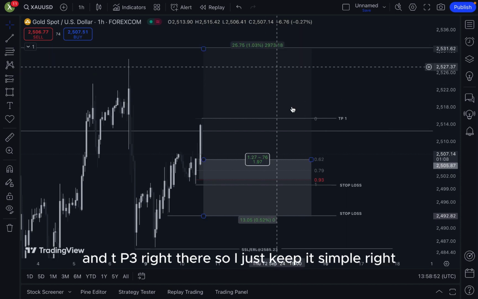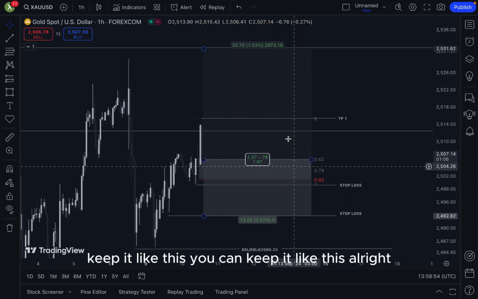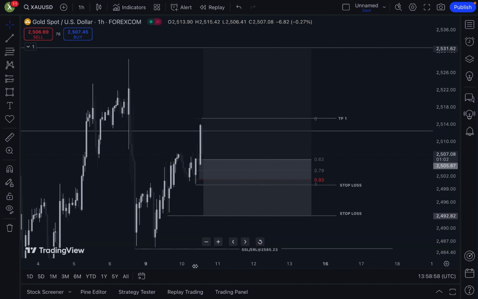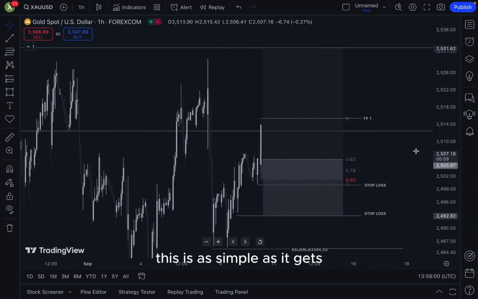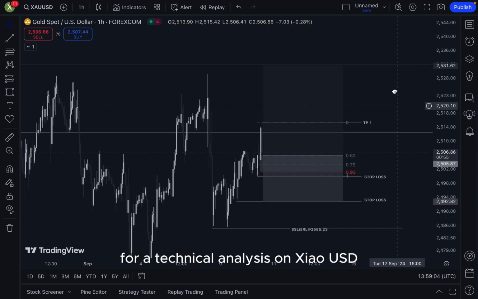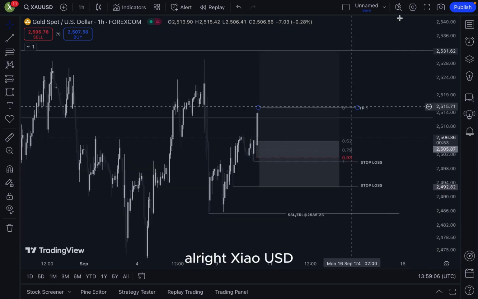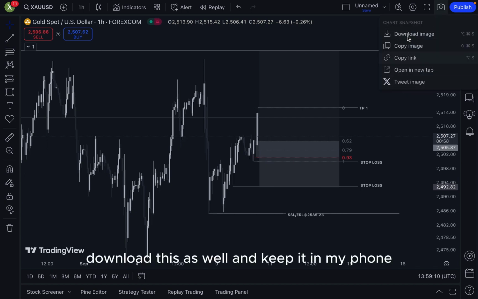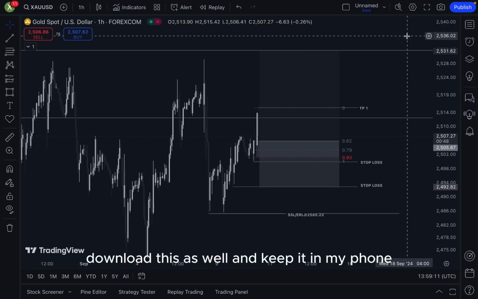So I just keep it simple, right? You can keep it like this. This is as simple as it gets for a technical analysis on XAUUSD. Now let me just download this as well and keep it in my phone.